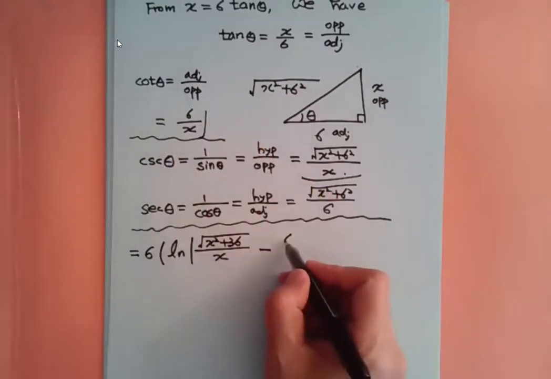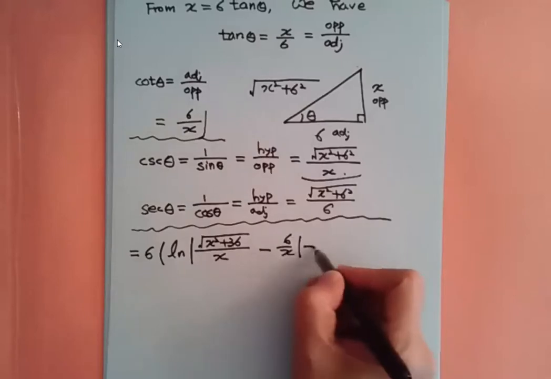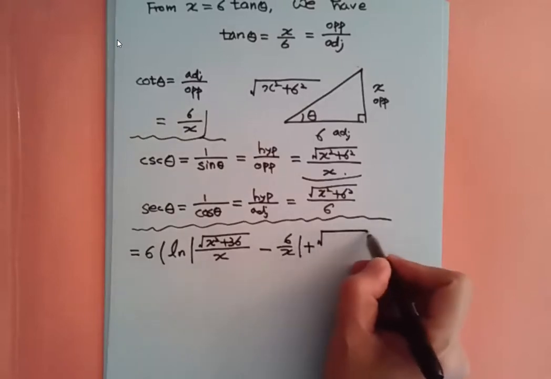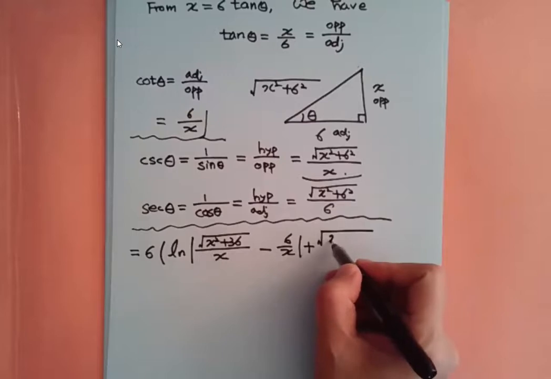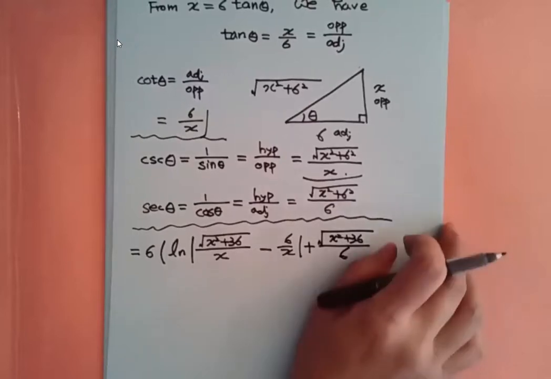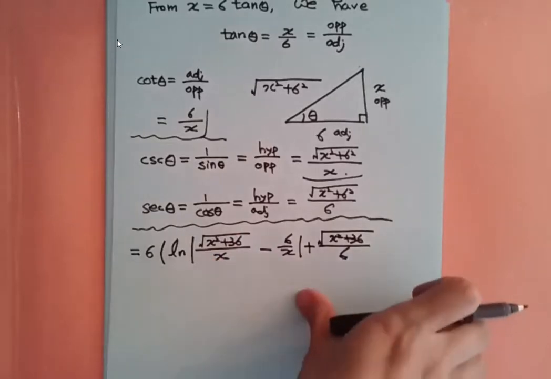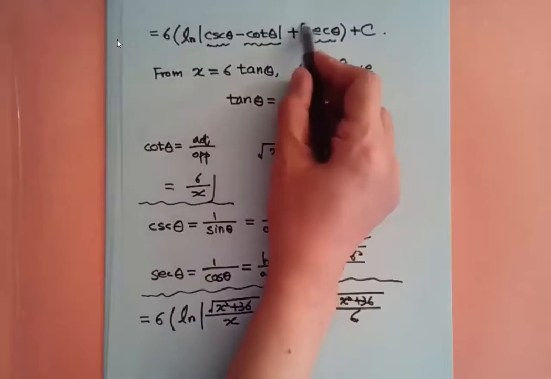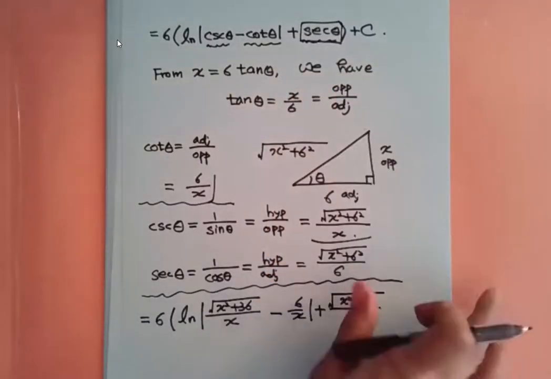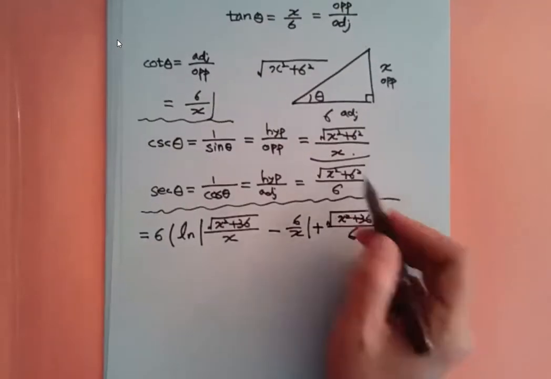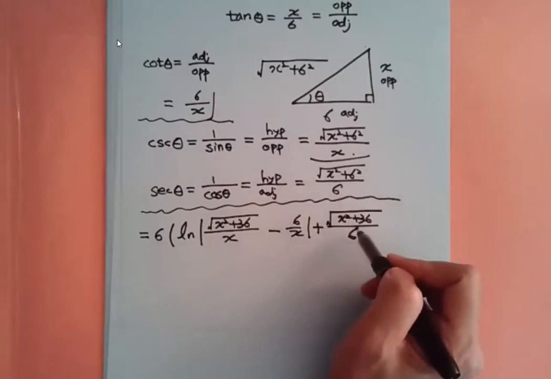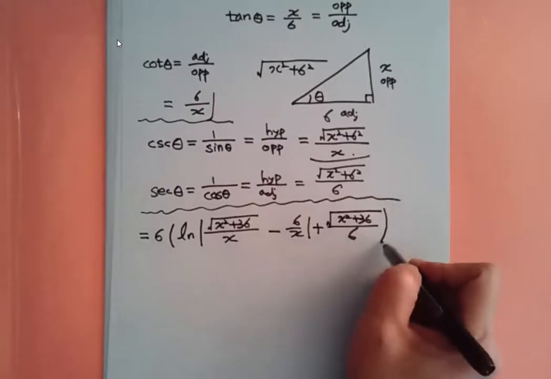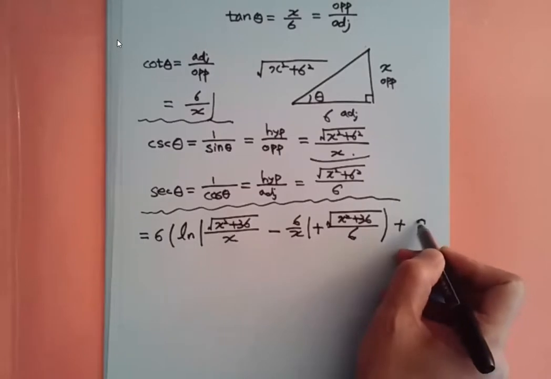So 6 over x plus square root of x squared plus 36 over 6, because the last term was secant. The secant can be represented as square root of x squared plus 36 over 6 plus c.